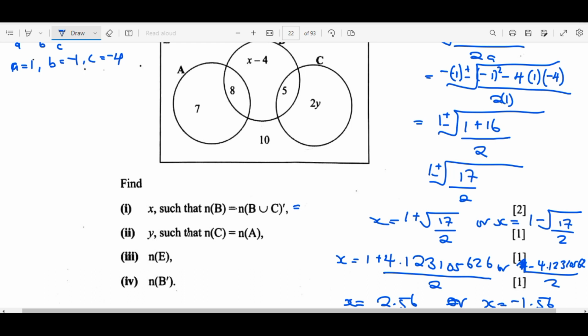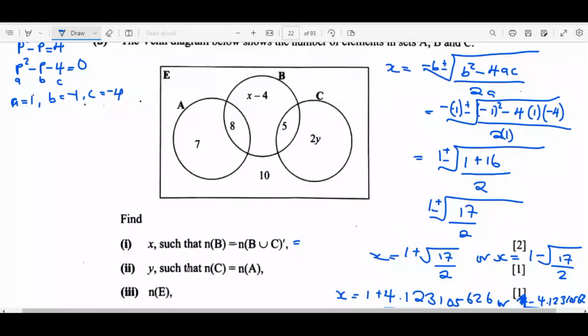The first thing that we have to do is write open bracket x minus 4, close bracket, so this is what we've written.